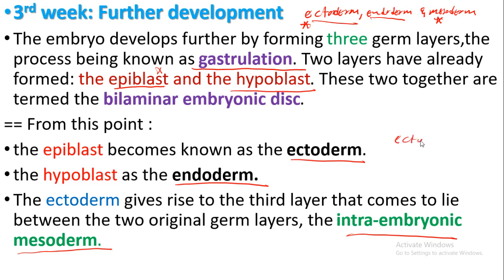So you have the ectoderm there and the endoderm. The layer which exists between these two is what we are calling the intra-embryonic mesoderm. The name has been specified because we have different types of mesoderm, which will be discussed in week 3.